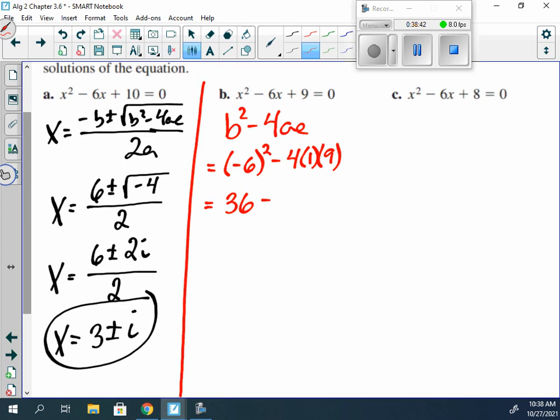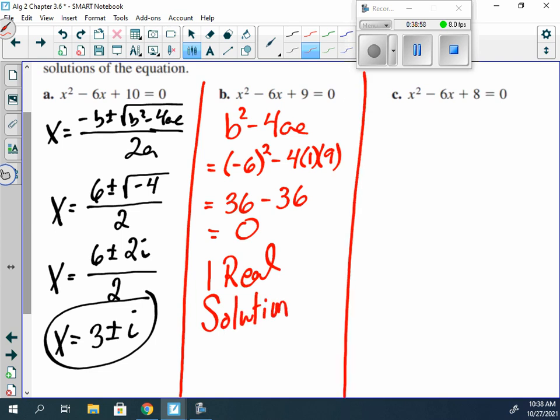Well, this would be 36 minus 36, which is 0, which means we have one real solution. And really that solution would be 6 over 2, so x is equal to 3 if we worked it out.